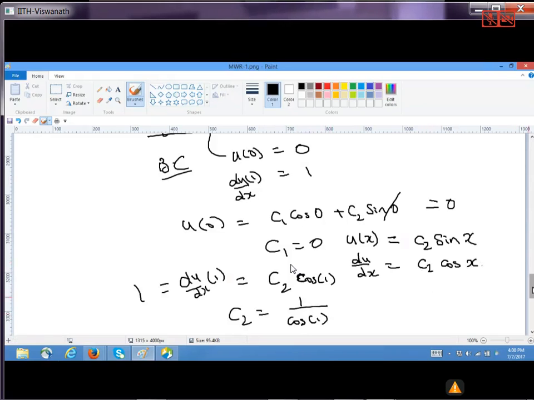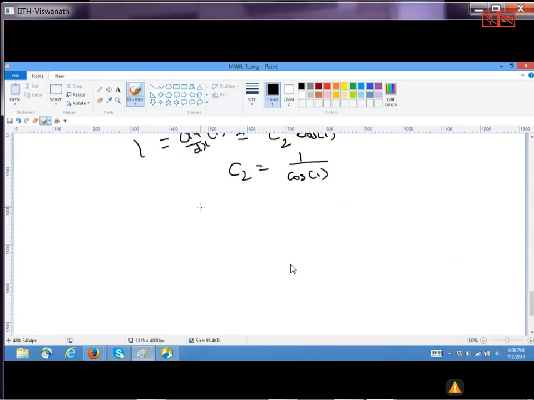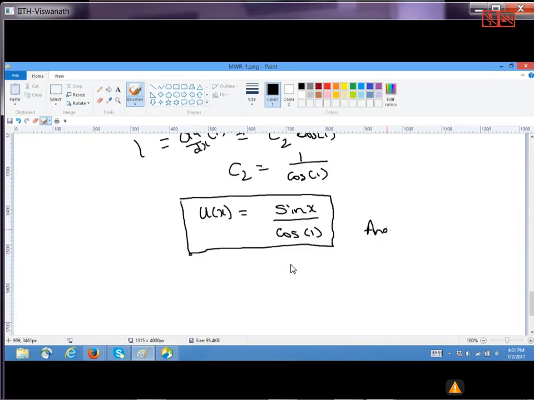That means my final solution u of x in this case is given by sine of x by cosine of 1. This is my analytical solution.